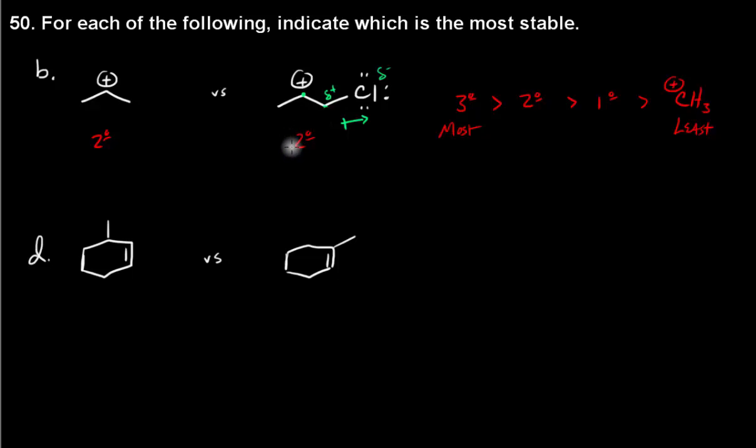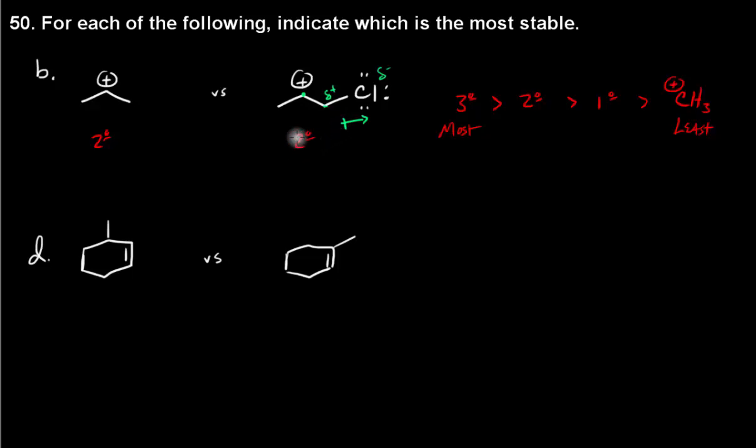So we've already said that if you have a deficit or an excess, it's going to be bad for your molecule in terms of stability. So I'll say it over and over and over again that nature hates an excess and nature hates a deficit. So right now, we already have this carbon in a hole. It already has a deficit. So anything that increases that deficit is going to destabilize the molecule. So as this chlorine is pulling electron density away from the carbon, we are increasing the electron deficiency of this carbon, and so we're increasing instability.